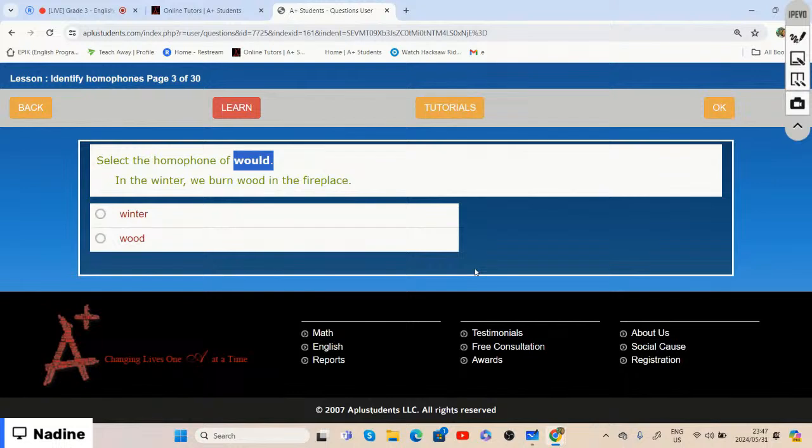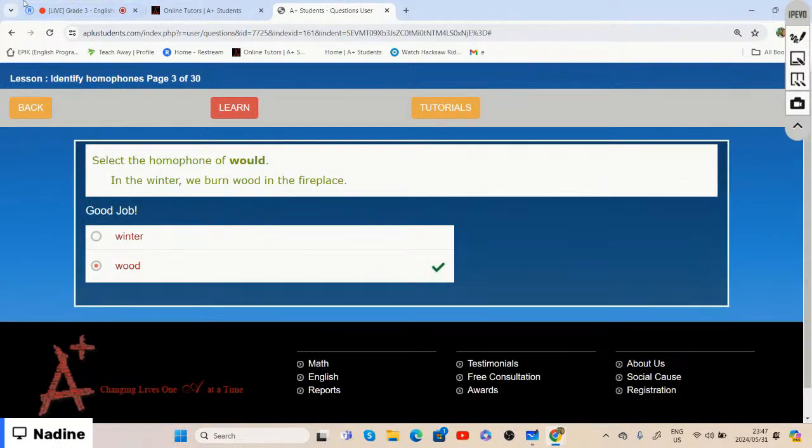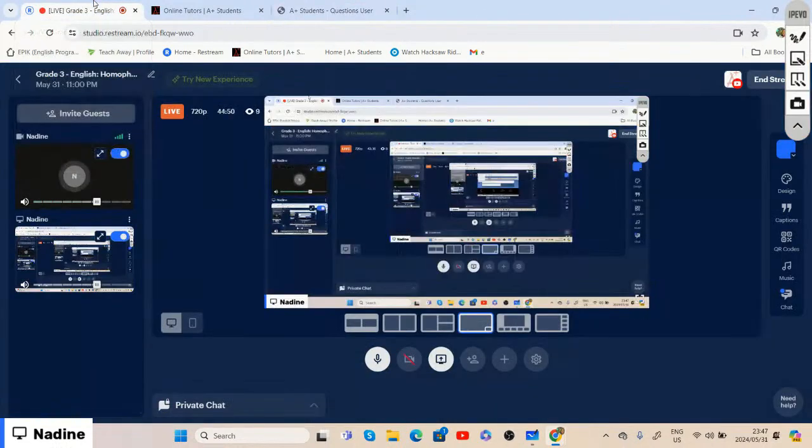All right, and then we would choose option two, that sounds the same as that word would, right? So well done. That word is correct.